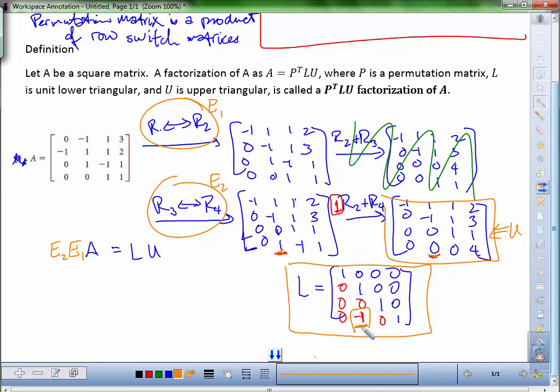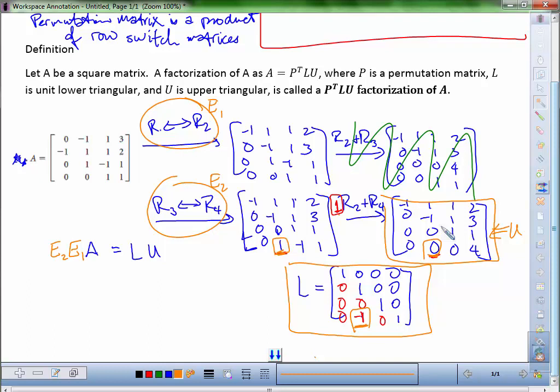So this 1 will become a negative 1, and it will be in this spot right here. R4 was the one that was replaced. At least that's how I do it. I think the book does it kind of like this way. If you go on YouTube, then they have some other way of doing things. But in any case, we should get the same answer.